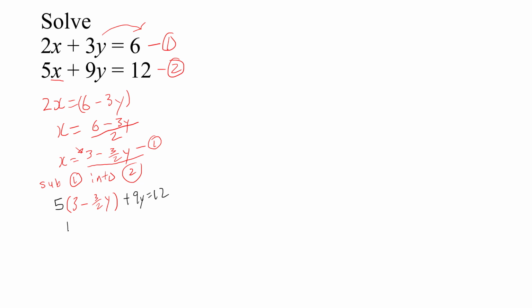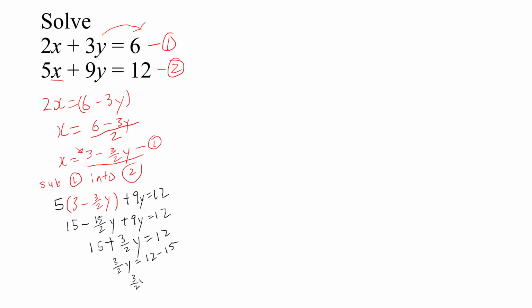5 times 3 equals 15 minus 15 over 2y plus 9y is equal to 12. So 15 plus 3 over 2y is equal to 12. 15 I bring over, I will get 3 over 2y is equal to 12 minus 15.